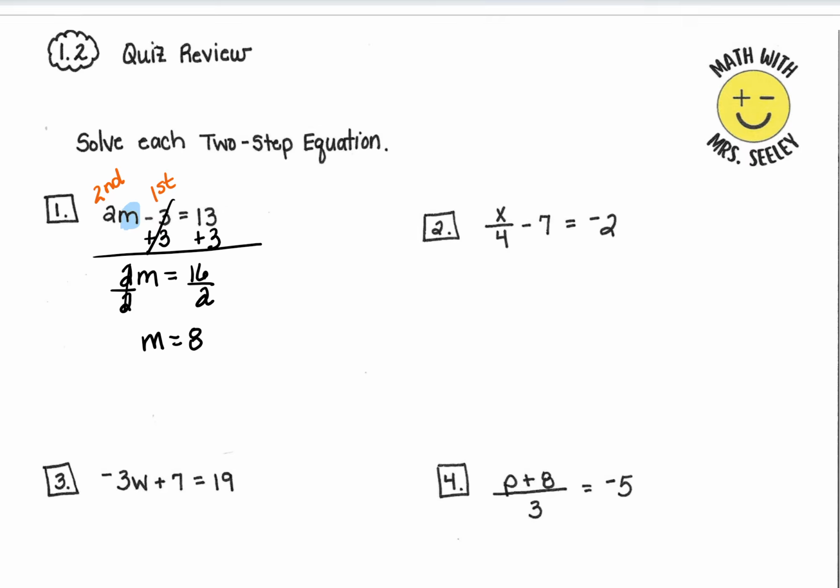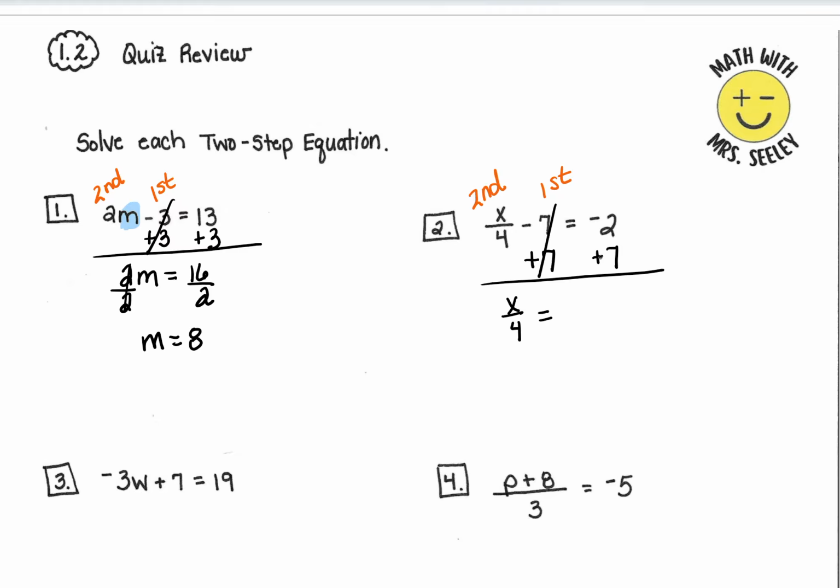On this one, again, the first thing we're going to do is the number, and the second thing that we do is the one that's attached with the letter. So if this is a subtract or minus 7, we're going to plus 7. Those cancel. Bring this down exactly as you see it.